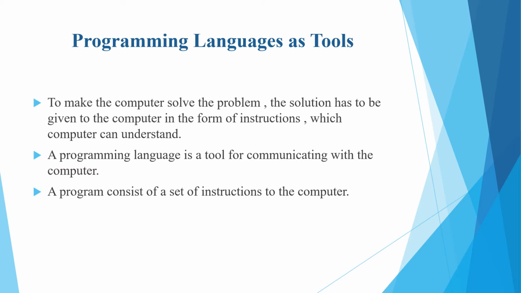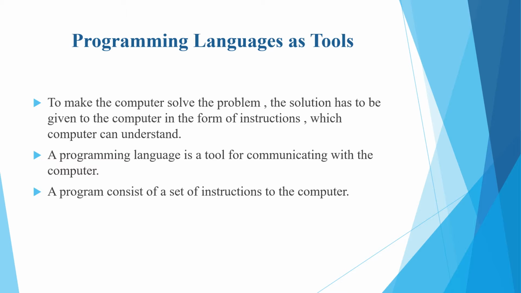The tools like algorithms, flowchart and pseudocode are used to specify the solution informally. Now, to make the computer solve the problem, the solution which we give to the computer must be in the form of instructions, and those instructions must be understood by the computer.